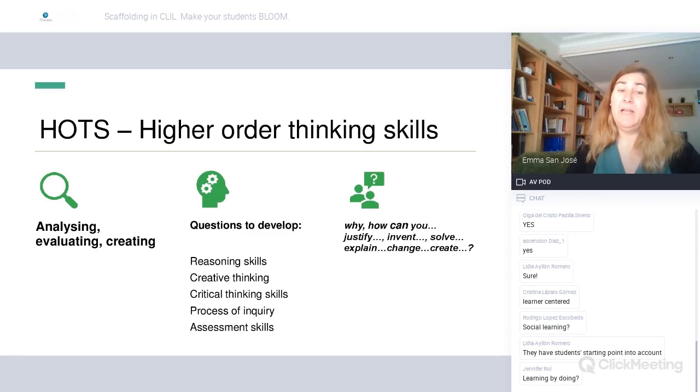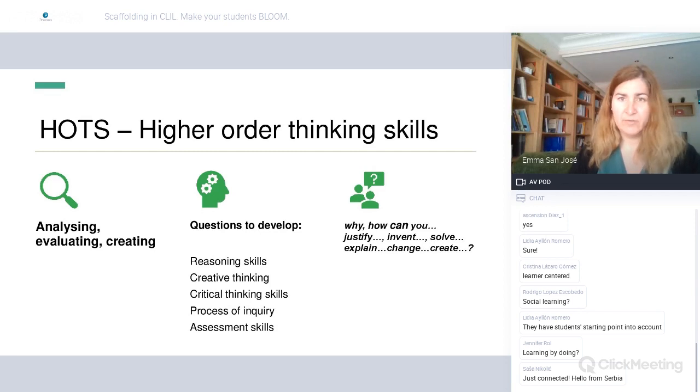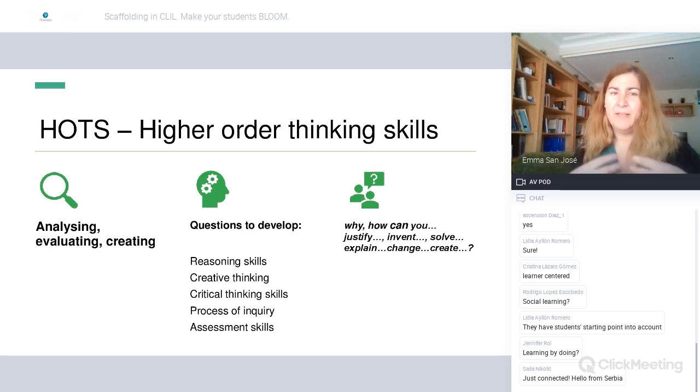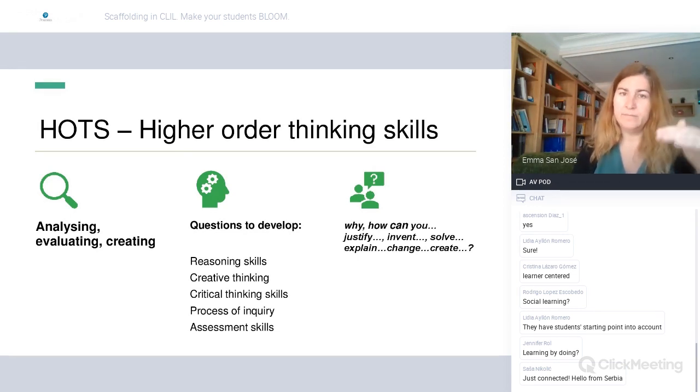Very importantly, they need to develop assessment skills, but they're not going to assess others, or maybe they are, but they're going to assess themselves as well. So you're asking them to use their brains in a different way. They have the information that you've given them, or they have acquired in different ways, but you're also going to need them to use their cognitive skills. And this is when younger children or students with learning difficulties will find it more difficult and will need more support. And sometimes you can even leave it there, okay.